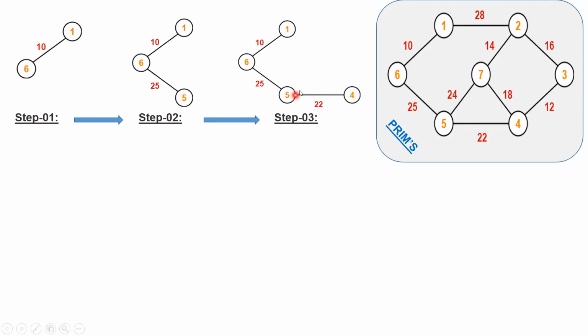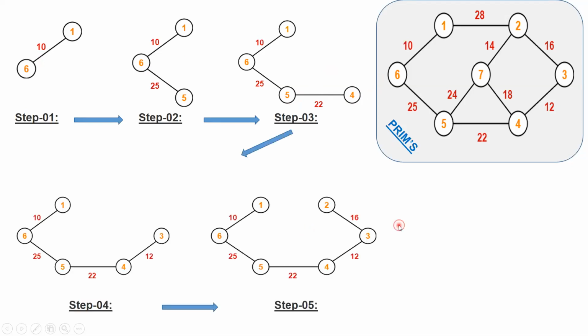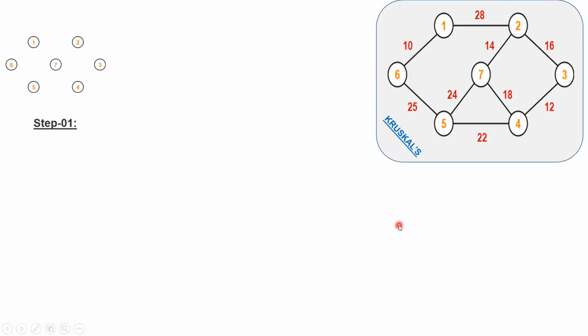One is already selected, one is new. Like that, in each and every step, we go on adding a new vertex to the present graph. This was the approach that we followed in Prim's algorithm, and finally we came up with the minimum spanning tree. Now we shall step into Kruskal's algorithm for the same graph.